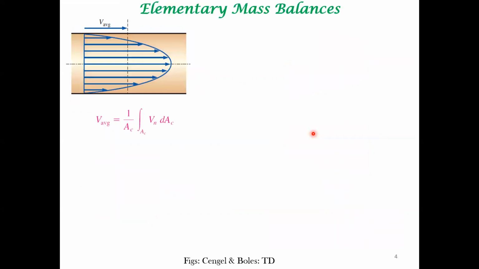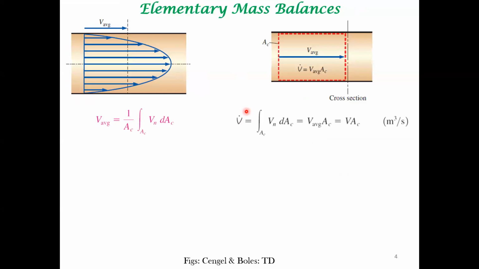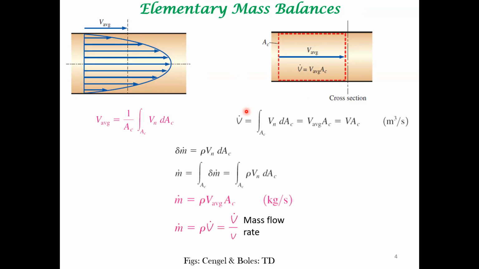Although this is not a course on fluid mechanics, you should become familiar with how to implement mass balances in flowing systems. You should know how to calculate the average velocity given a velocity profile, for example, in a pipe. Once this average velocity is known, with the cross-sectional area, you can also get the volumetric flow rate for the system.